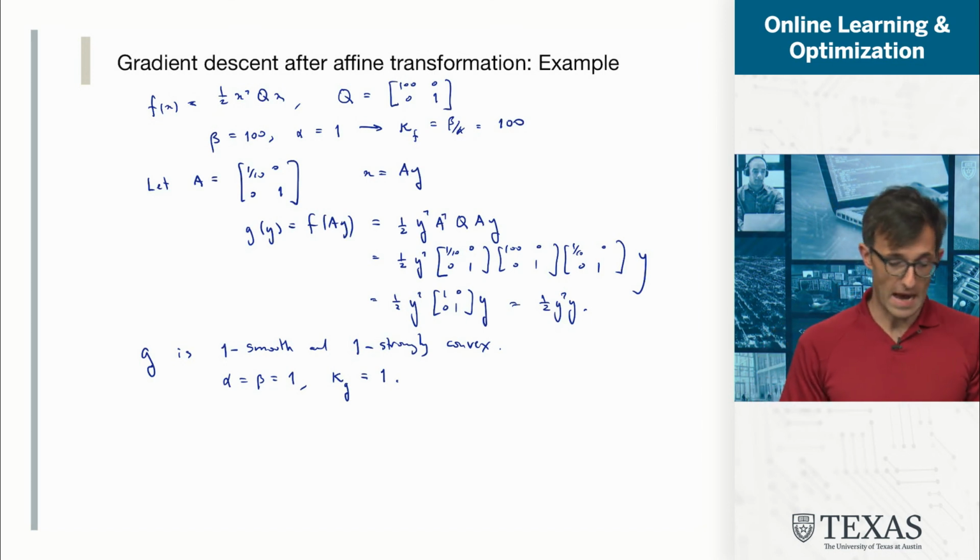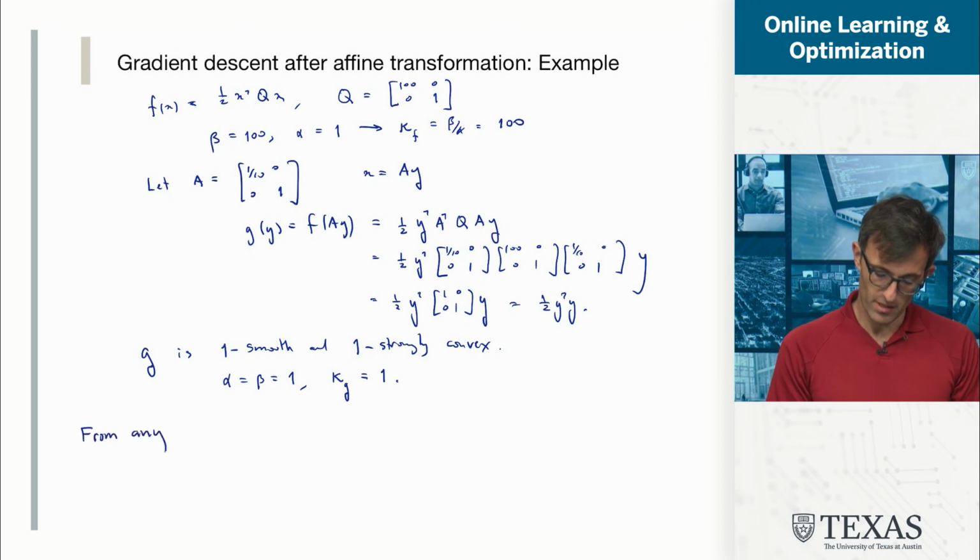And now we can actually do gradient descent and see what happens. So for g, from any initial y0, what do we get? y1 with gradient descent is equal to y0 minus eta.